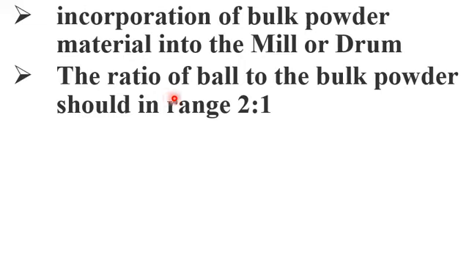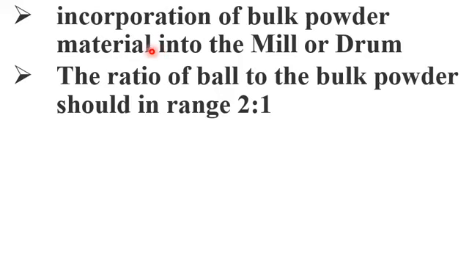However, in order to prepare a nanomaterial, the ratio of the balls to the bulk is very important. So a 2 to 1 ratio of balls and bulk is incorporated in the ball milling drum. So in the first processing step, the bulk powder is incorporated in the ball milling drum.